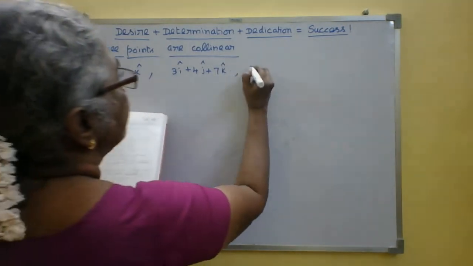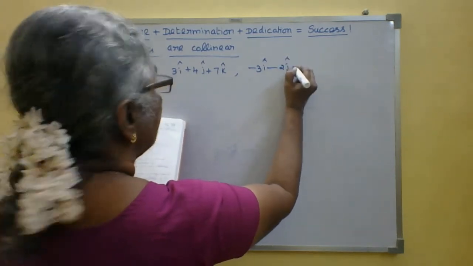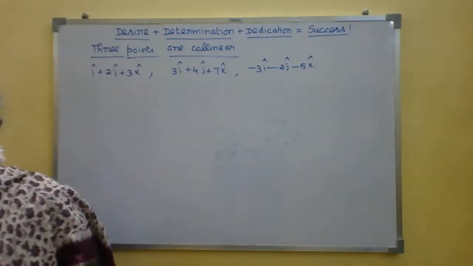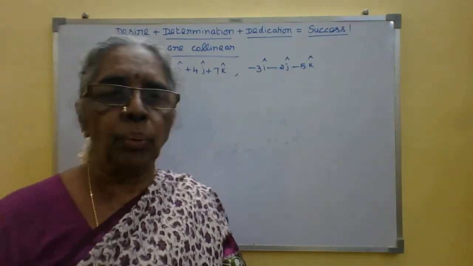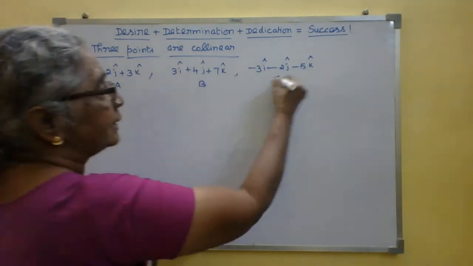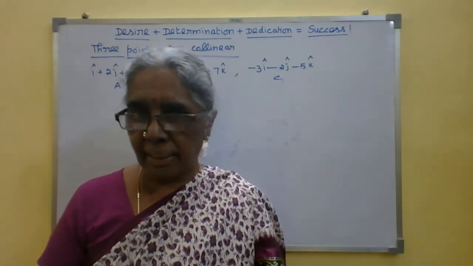The third one is minus 3i cap minus 2j cap minus 5k cap. So these are the 3 points they have given. Let us take this point as A, this as B and this as C. You want to prove the points A, B, C are collinear.